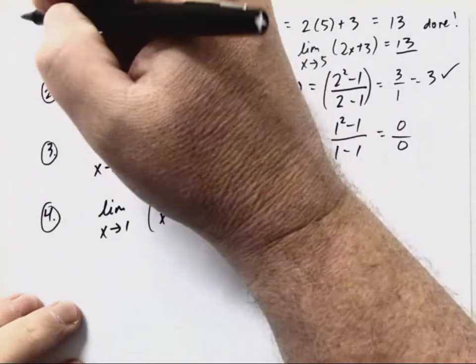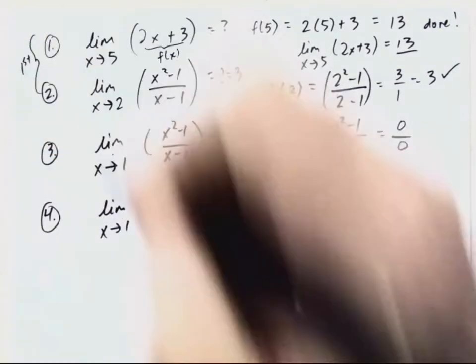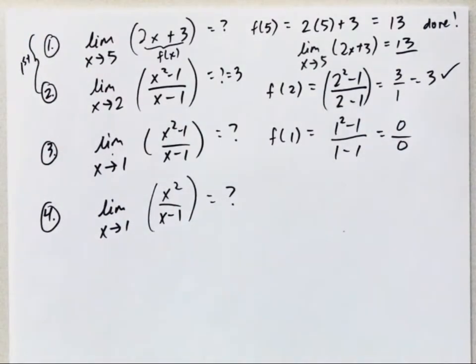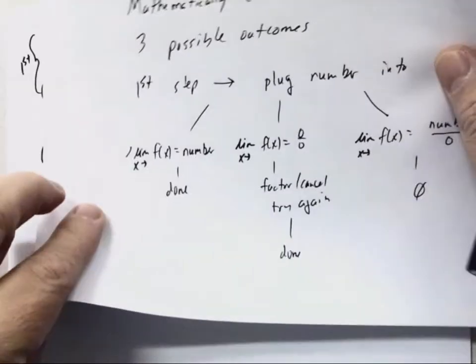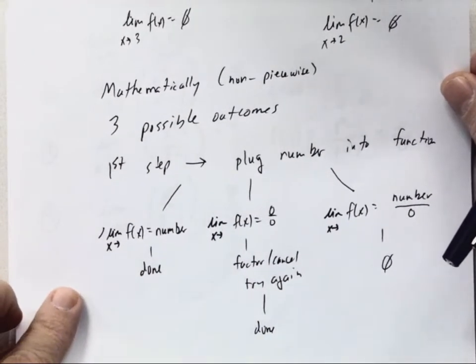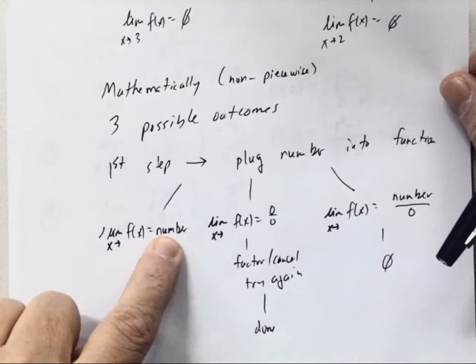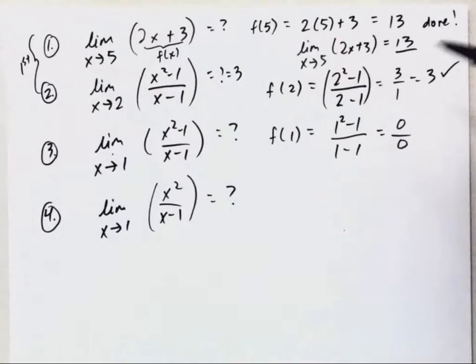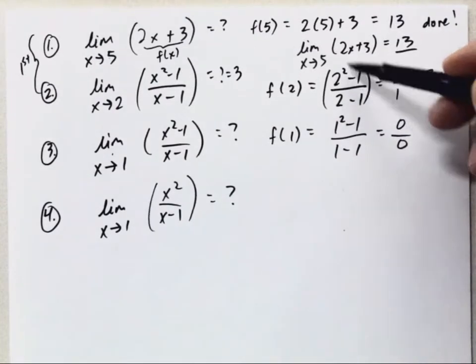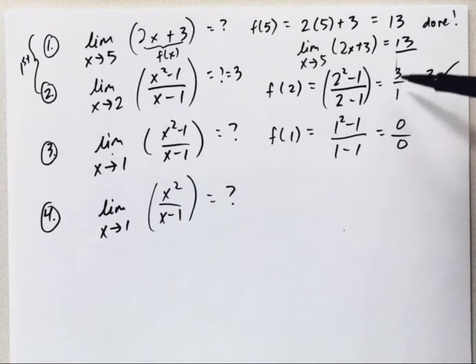Okay, these two were the first possibility. Remember I said there's 3 things that can happen. If you're asked to find the limit, sometimes you plug it in and it's just a number and then you're done. That's what the first 2 were. We plugged in the number for x, the function equals a number, we're done.